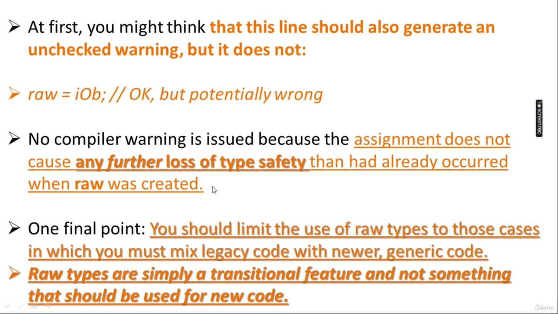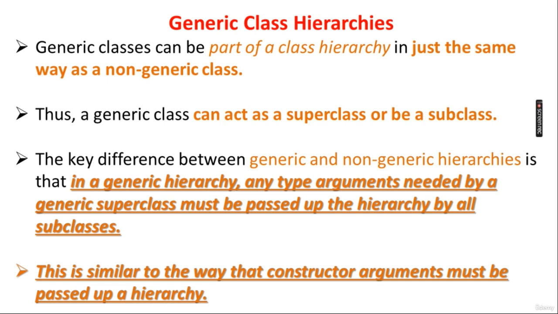Otherwise, you should avoid using raw types. Raw types are simply a transitional feature and not something that should be used for new code. They are just a transition path between before-Java-5 code and after-Java-5 code.